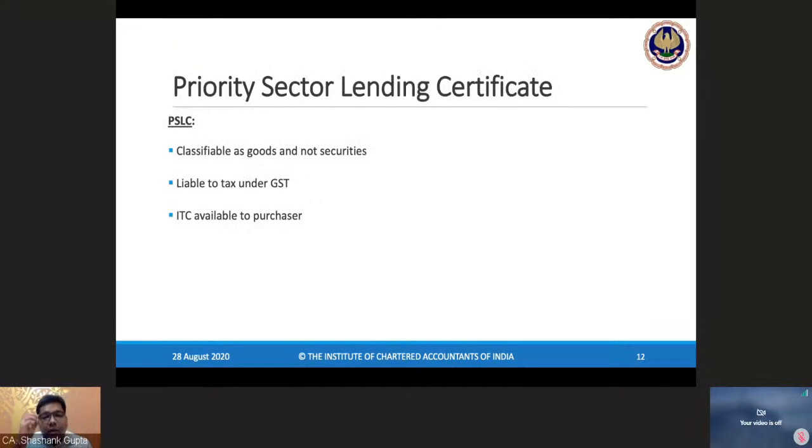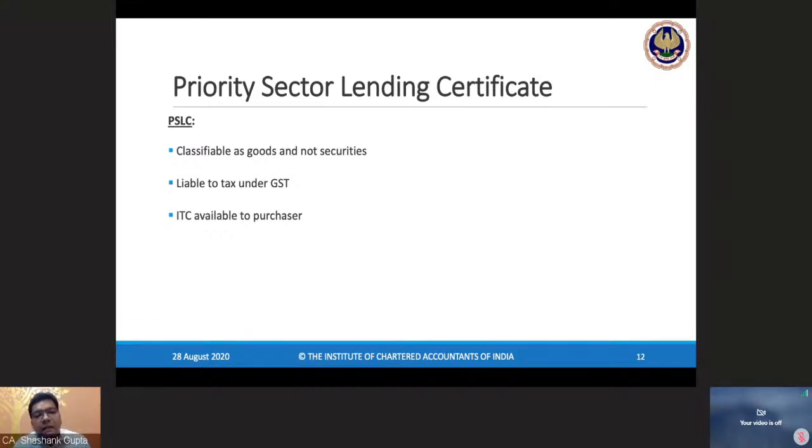Next is Priority Sector Lending Certificate, or PSLC. What is this Priority Sector Lending Certificate? Recently, when our Prime Minister Mr. Modi came into power in his first term, one of the major highlights of his tenure was banking for all.